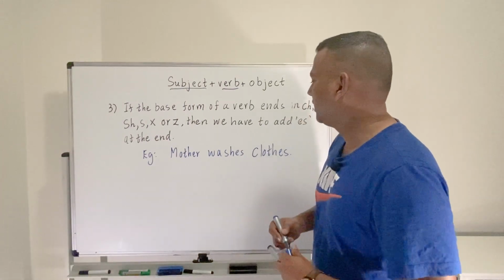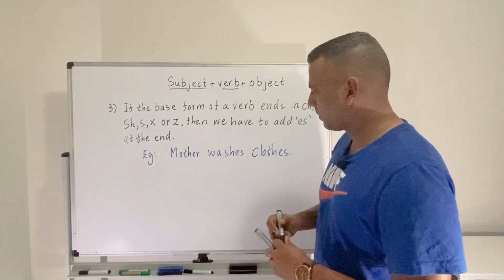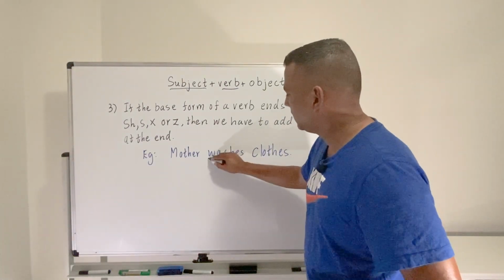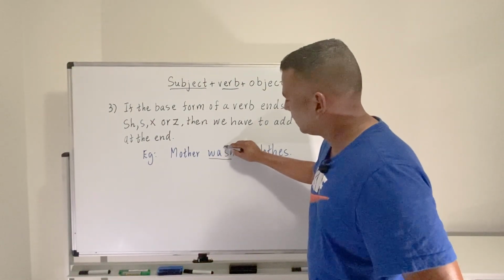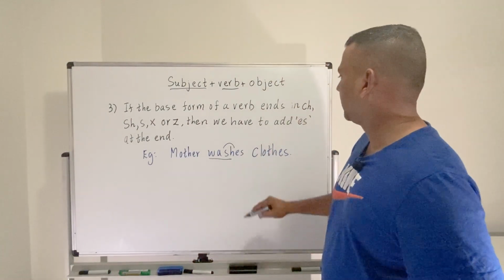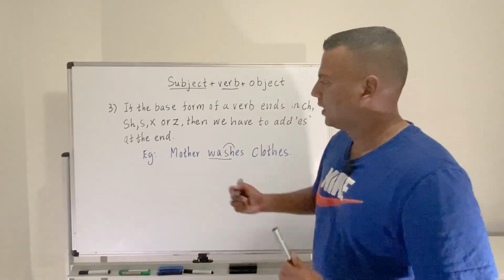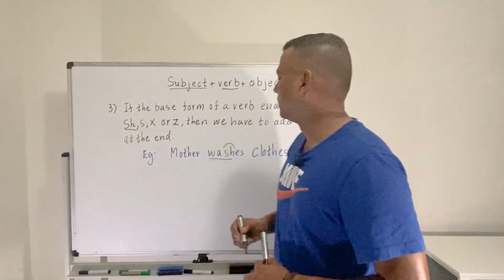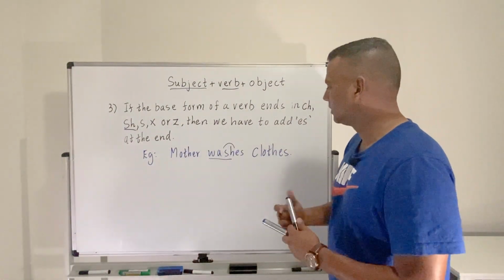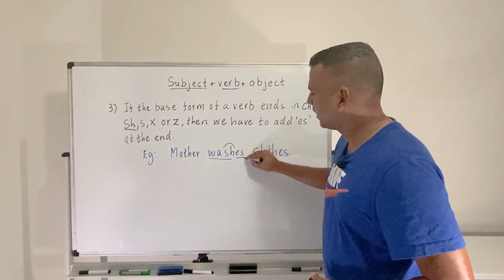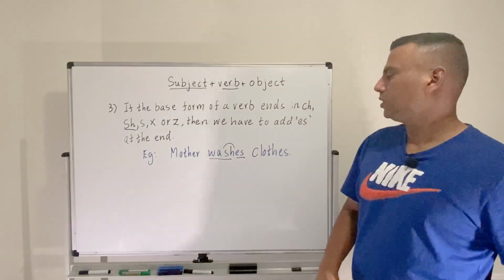Okay, so here as you can see the base form of the verb is wash. Okay, so the ending letters, sh. So how we have done the modification? Just by adding es. Okay, mother washes clothes.